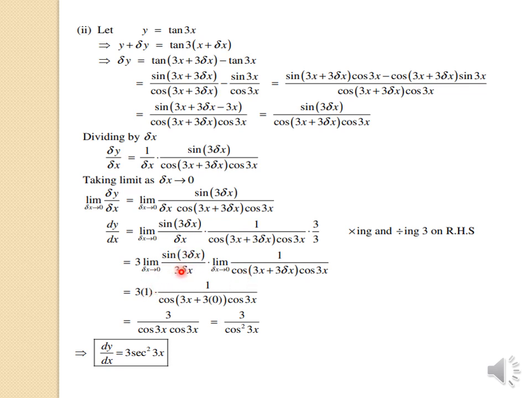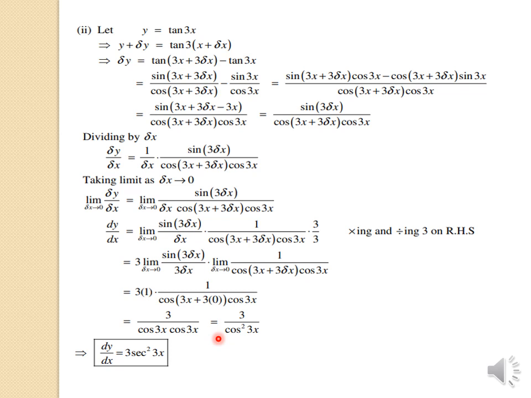So students, now apply the limit, this whole term becomes the identity sin x upon x. It is also the same, sin x upon x, so it is equal to 1. So that's why we write it here 1, and we applied the limit delta x equals 0. So here we put delta x equals 0, then 3 into 0 is 0, then here we are left with cos 3x and cos 3x, and in the numerator only 3 is left.